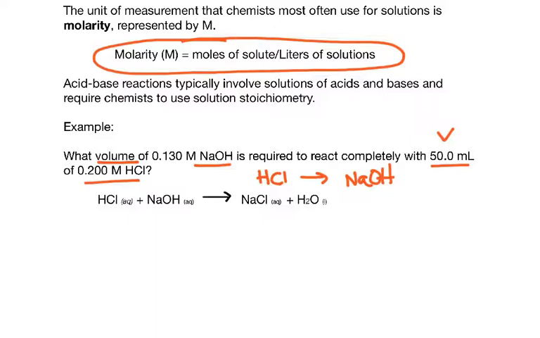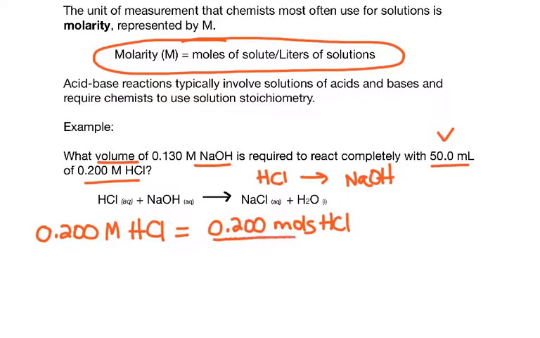When you have 0.200 molar HCl, what that really means is you have 0.200 moles of HCl per 1 liter of solution. And while the molarity equation itself functions in liters, it is very rare that we are measuring amounts in liters.